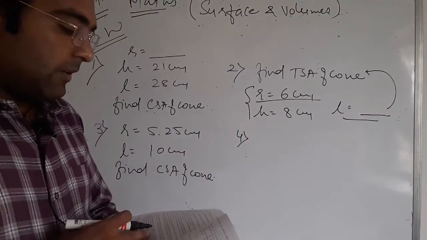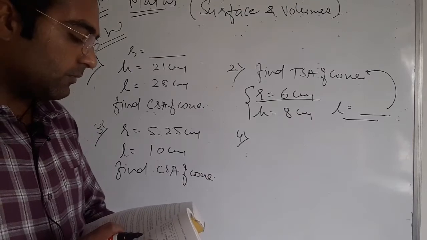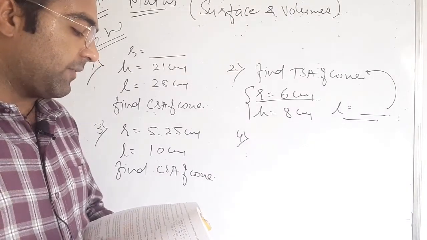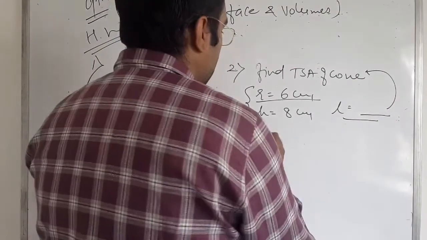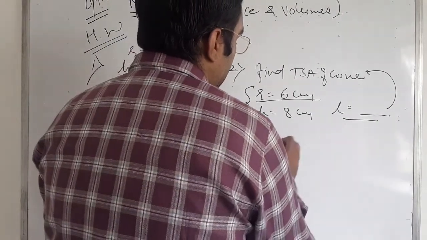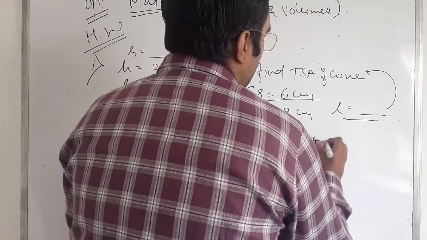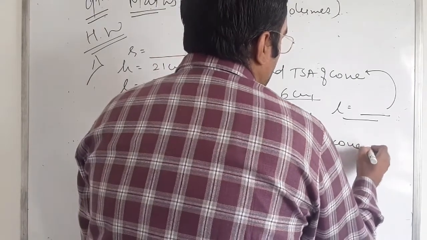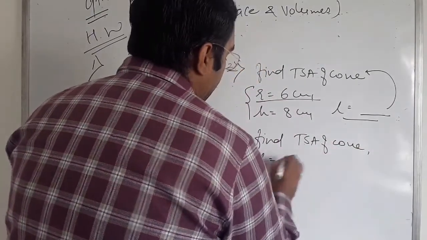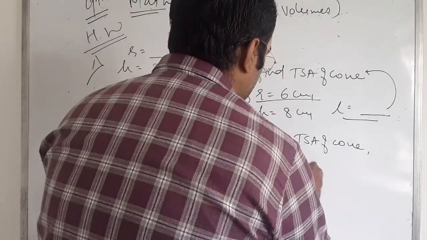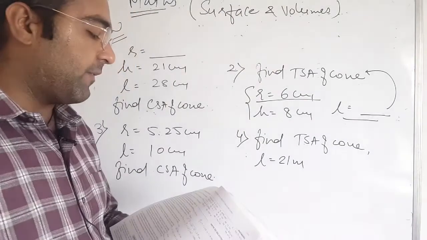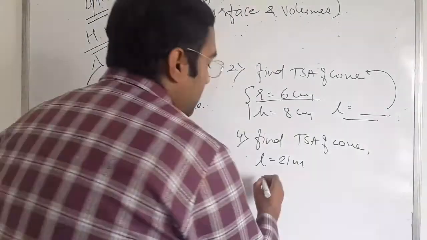The fourth one: find the total surface area of the cone. The slant height is given as 21 meter and the diameter of its base is 24 meter.